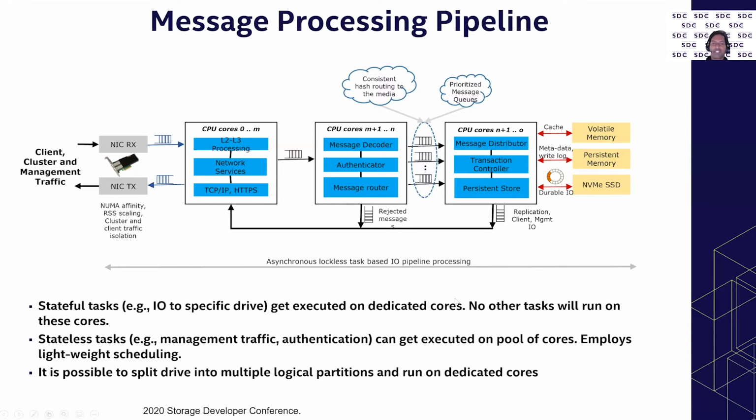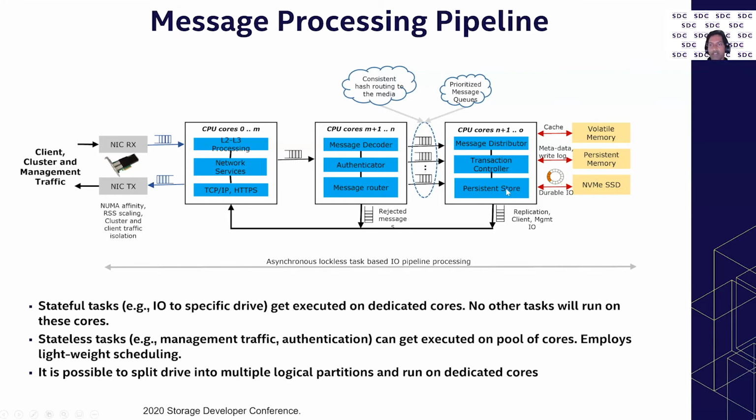Now, there are two types of messages at a broad level. There are either stateful processing tasks, or there could be stateless. So stateful will be something like when you have to do the drive IO, you don't want the drive IO submission and completion queues floating around among all the cores.